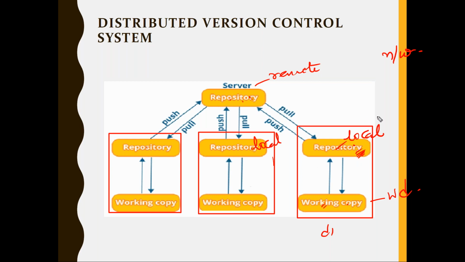Means the entire work is not halted. You can still continue working on your local repositories. Got it, everyone? Even though you don't have network connections, you can still work here. You need network connection only to pull, and you push and pull less frequently. Means once in a while, once all the changes are done, you push, or else you get a copy.